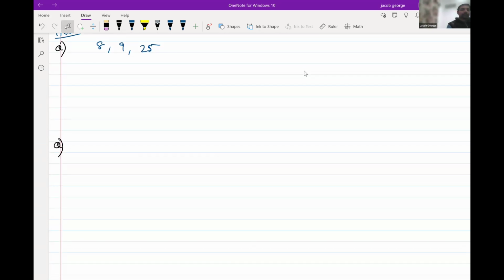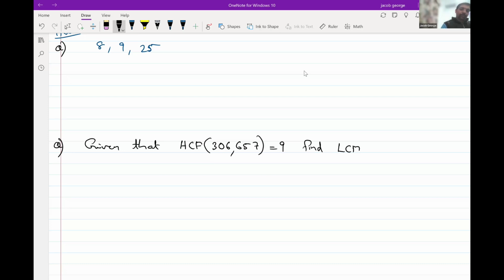Given that HCF of 306, 657 is equal to 9, find LCM of 306, 657.